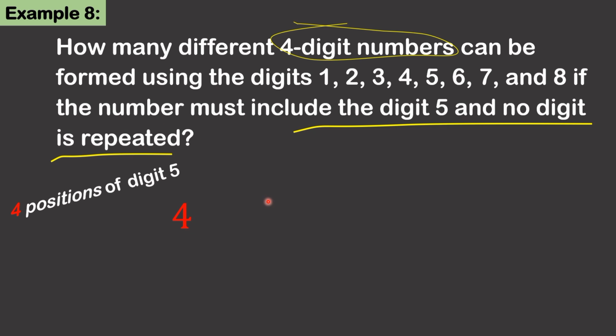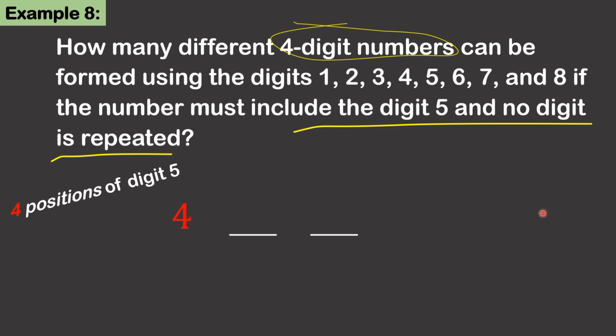Then choosing the remaining 3 digits. After fixing the digit 5, we have 7 digits left to choose from. We have 1, 2, 3, 4, 6, 7, and 8.